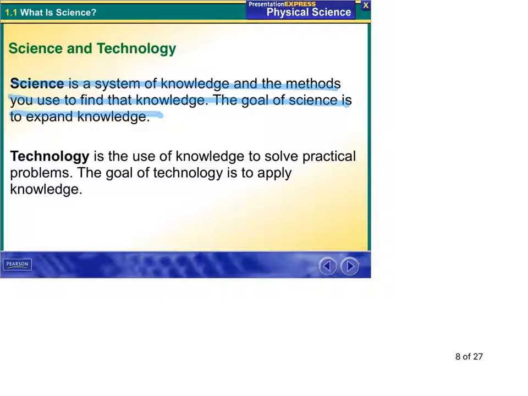The goal of science is to expand knowledge. Technology is the use of knowledge to solve practical problems. The goal of technology is to apply knowledge. Sometimes technology will be called applied science.